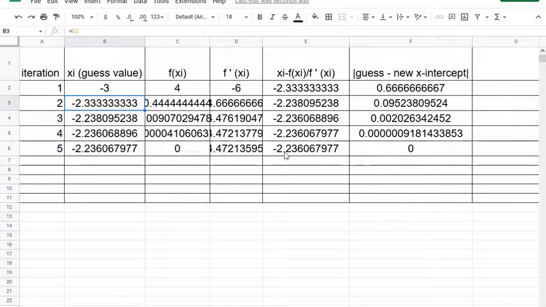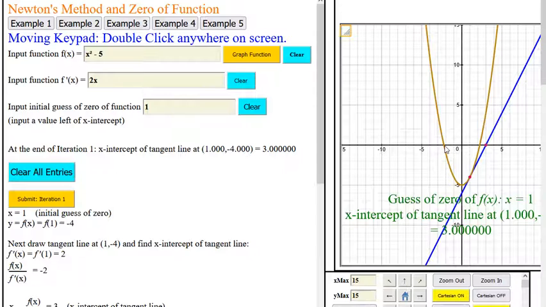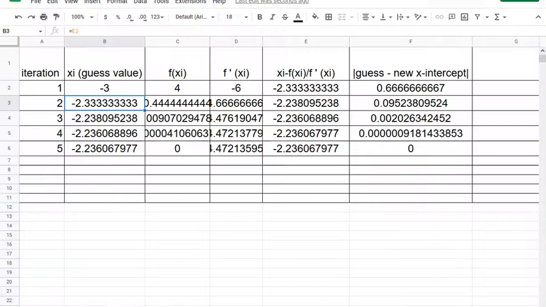And so the x-intercept of the graph of f of x on the other side is negative 2.236. And that's how we can use Google Spreadsheet to help us do the calculations.